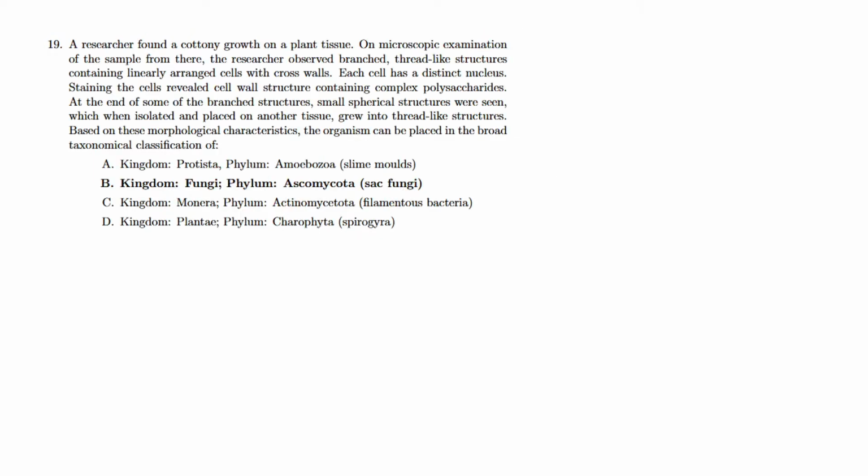Moving on to the second last question. This question is directly taken from the NCERT statement, so you don't need to go through the whole question. If I directly see the options, it says kingdom Protista, Fungi, Monera and Plantae. When I read these statements, it has thread-like structures, branched, cross walls, distinct nucleus, and staining the cell reveals the structure is a complex polysaccharide. Fungi have chitin cell walls, with branched structures and small spherical structures.